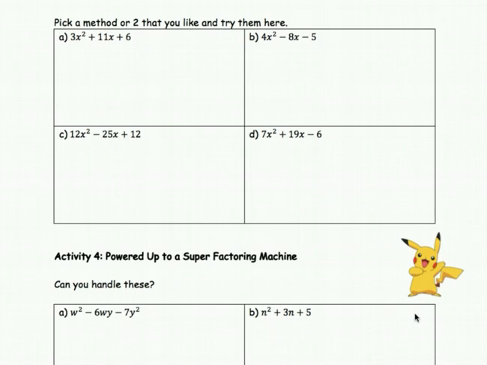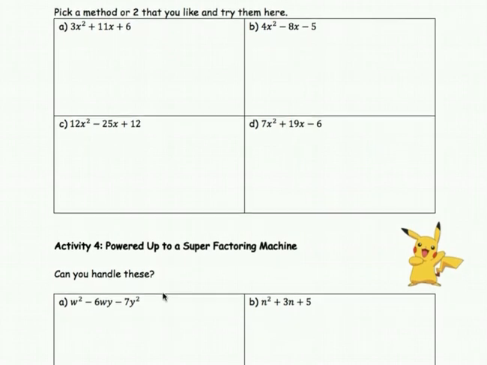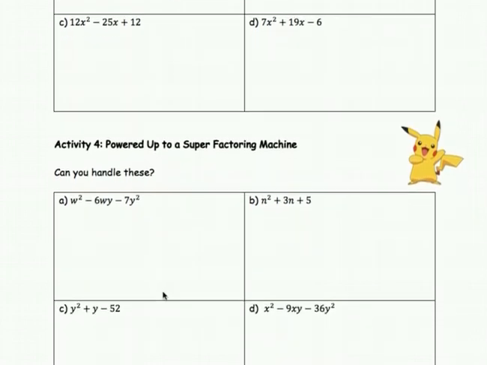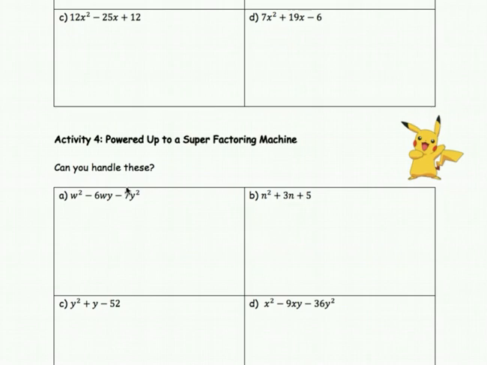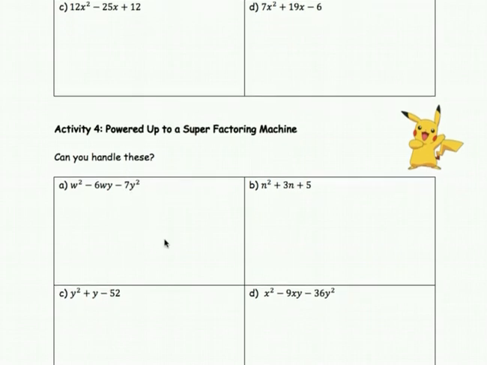Here are 4 new complex trinomial questions that you can try. I have 4 of them, so if you wanted to try all 4 methods and see which one you like, you can do that. I'm going to go through them as well with you, and if you find that you get it, go ahead and try activity 4. I call it the powered up section, because there are trickier ones where there are letters on the C term now. Can you still handle that?